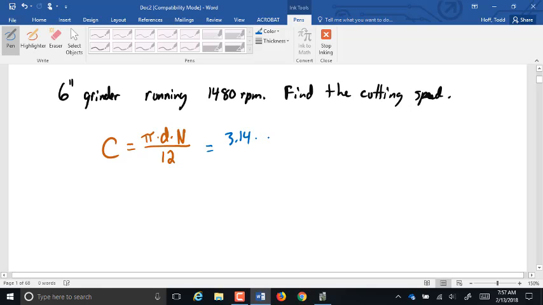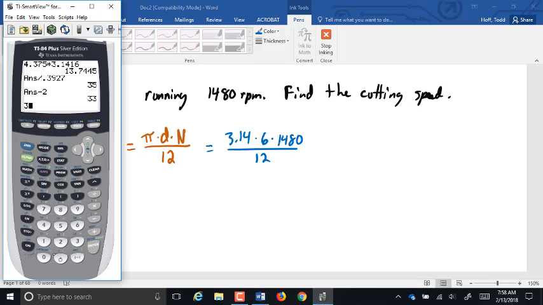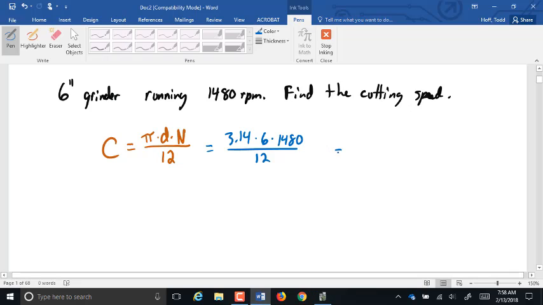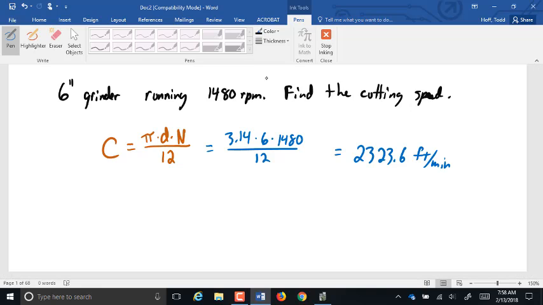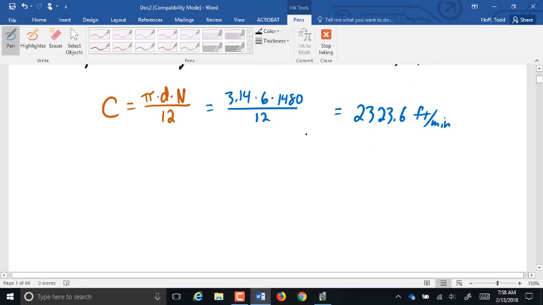So I got 3.14 times 6 times 1480 over 12. Right. 23.6. That'll be feet per minute. Of course, a grinder is way different. I don't have the charts for grinding speed. But that might be getting up there towards discoloration.